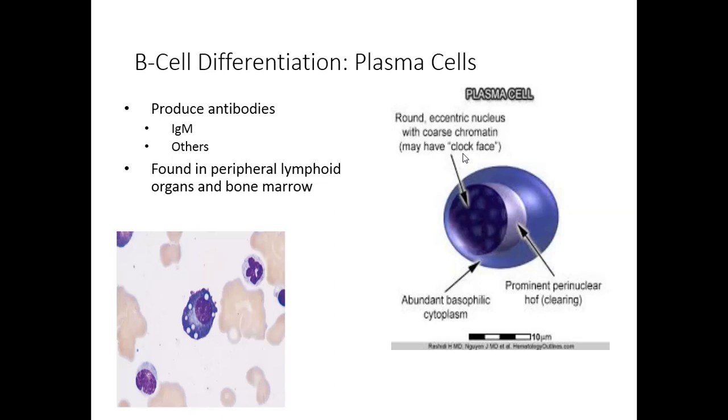Plasma cells are really the most differentiated of the lymphocytes. It's really well defined at this point. It's past the point of just a mature lymphocyte. It has a very specific function of producing antibody to an antigen that's presented. We don't normally see these in the peripheral blood. You see them, as I said, in the peripheral lymphoid organs and in the bone marrow, the stromal cells of the bone marrow. The stroma of the bone marrow is a really important feature of why the plasma cells hang out there.